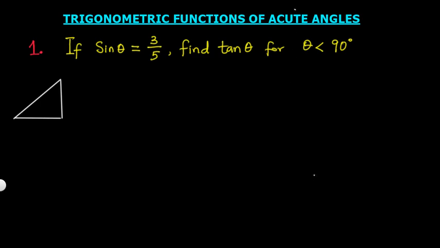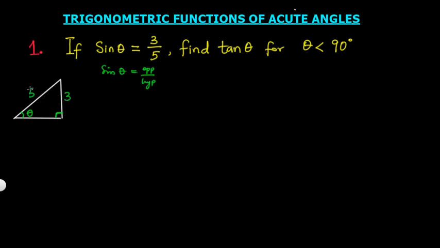So in this situation, this is angle 90. If this is our theta, that means the sine of theta, remember sine theta is opposite to hypotenuse. So invariably, this is the opposite, which is 3.